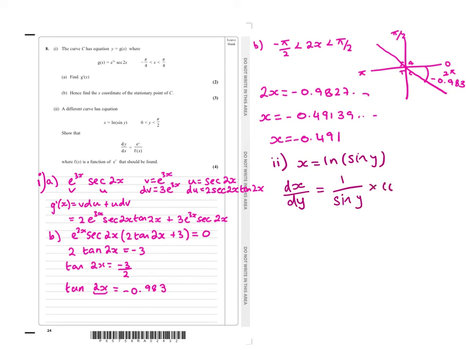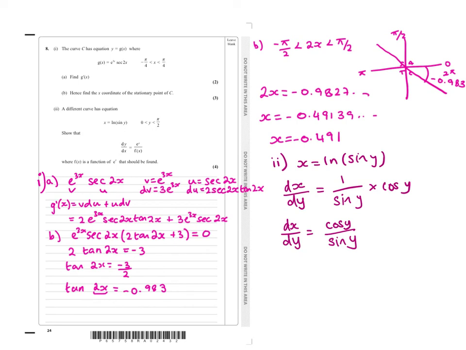The differential of sine y is, in fact, cos y. So we know that dx by dy equals cos y over sine y. Now, we always need to remember, how do we rearrange our part II? Our x equals.